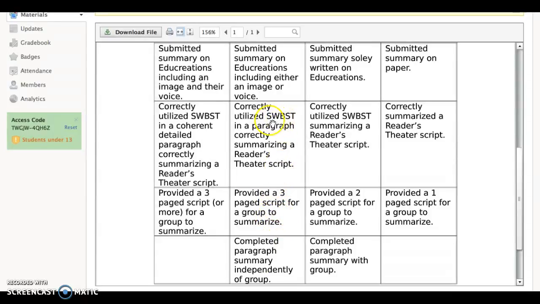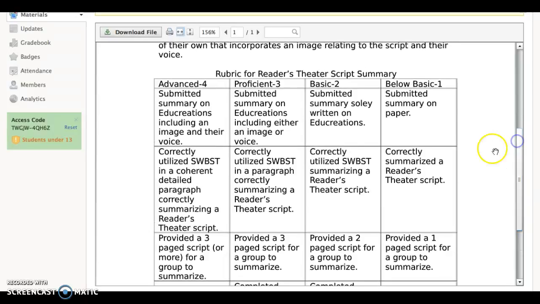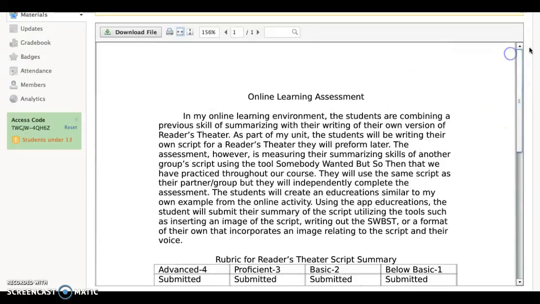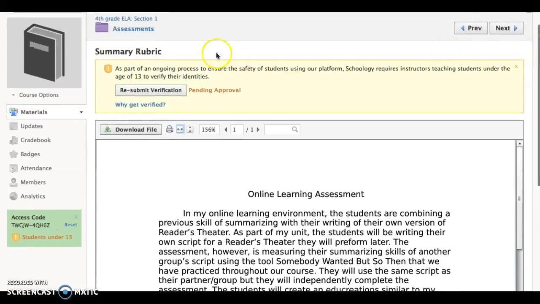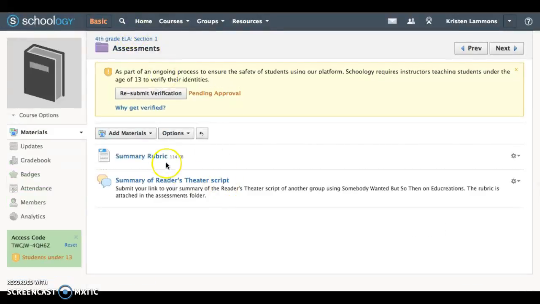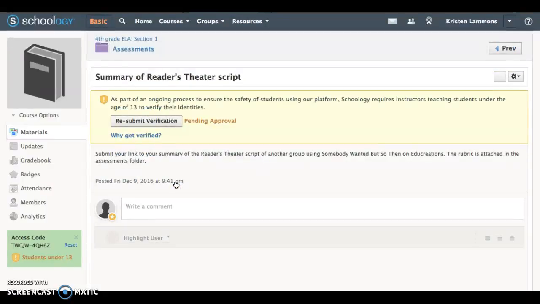They need to use Somebody Wanted But So Then in a paragraph. And then, in my rubric it says Educreations, but I can scratch that out and allow them to submit it in any form. So that's the rubric, and then this is where they are to post it for their assessment.